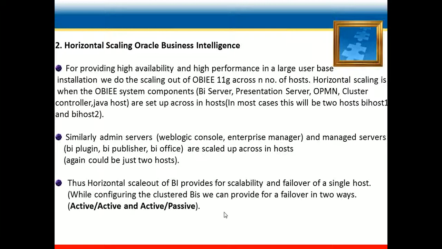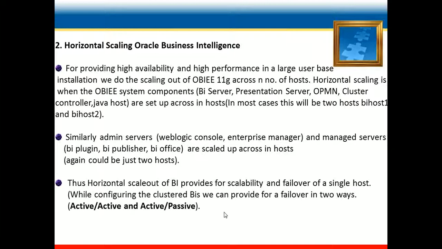We can say horizontal scaling is when the OBIEE system components, BI server, presentation server, OPMN, and cluster controller, Java host, are set up across hosts. In most cases, this will be two hosts. For example, BI host 1 and BI host 2.